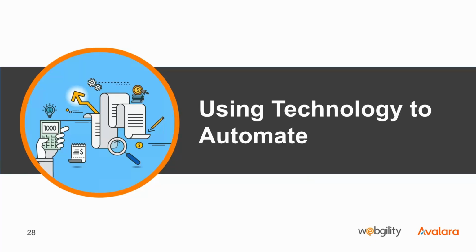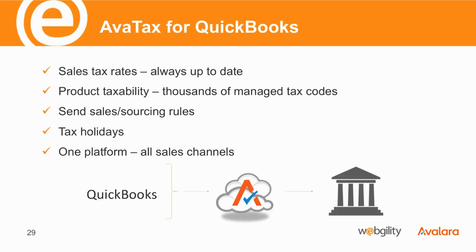So the advantages of using AvaTax with your QuickBooks installation is that you're always going to have up-to-date sales tax rates. For product taxability rules, we have thousands of managed tax codes, and we map those to your item codes in QuickBooks so that anytime you do a sale, we know based upon the tax code how that product's taxability is treated in the jurisdiction it's being sold in.